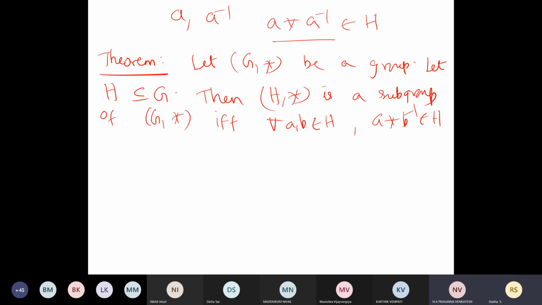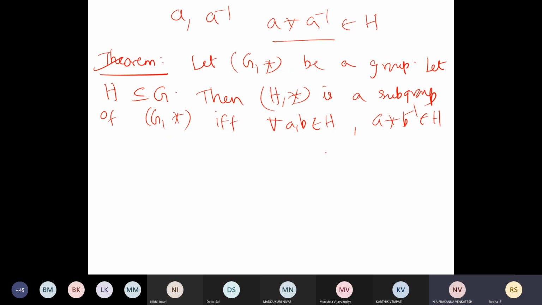Closure also comes here. Inverse also comes here. Instead of saying two properties, closure should be there, inverse should be there. Both can be combined and you can have a theorem like this. Proof is not needed, just you can say, right?